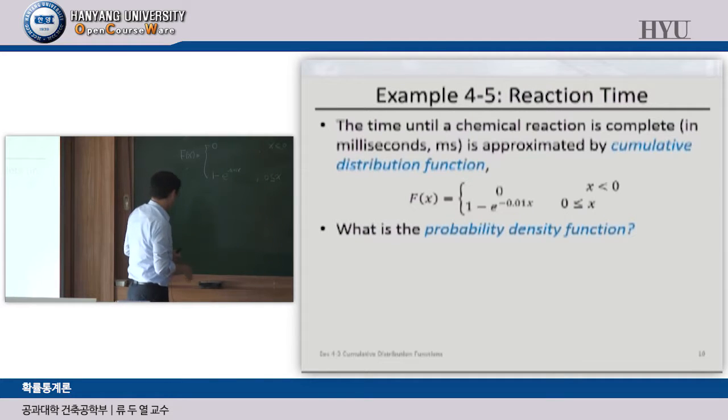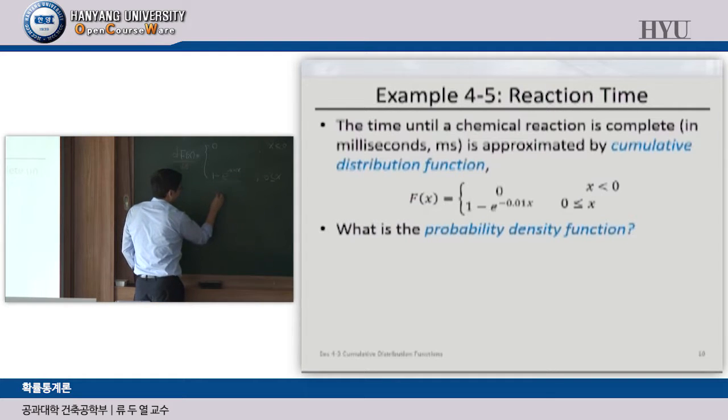So in this case, to obtain the probability density function, we have to differentiate the cumulative distribution function with respect to x, right? So dF(x)/dx should be, for the first part, just 0, right? And what about this?